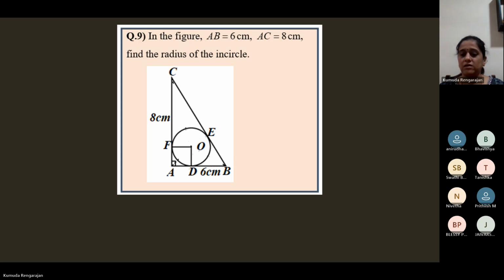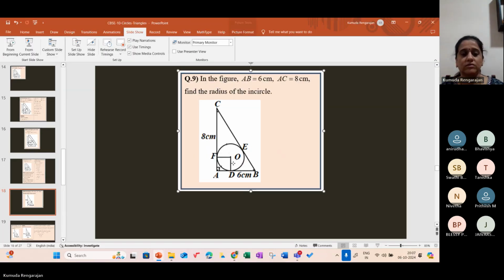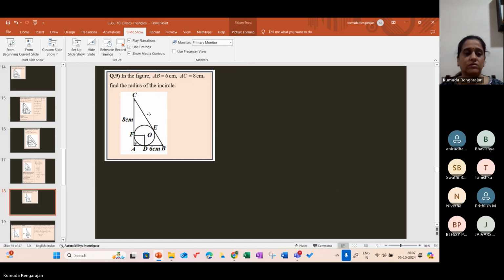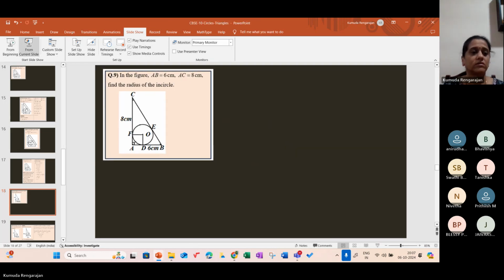So you can expect such questions in MCQs. You see it's a right triangle, and you have to find the radius of the incircle.